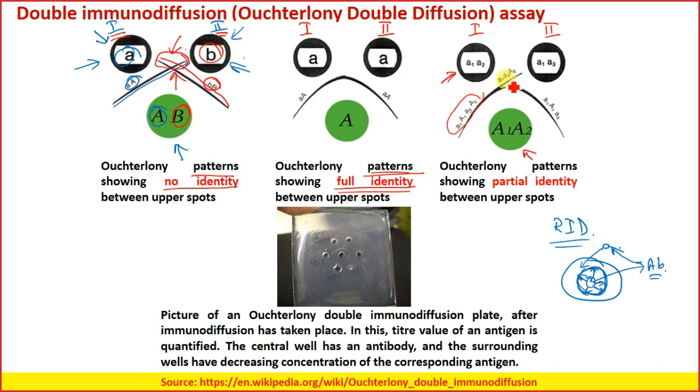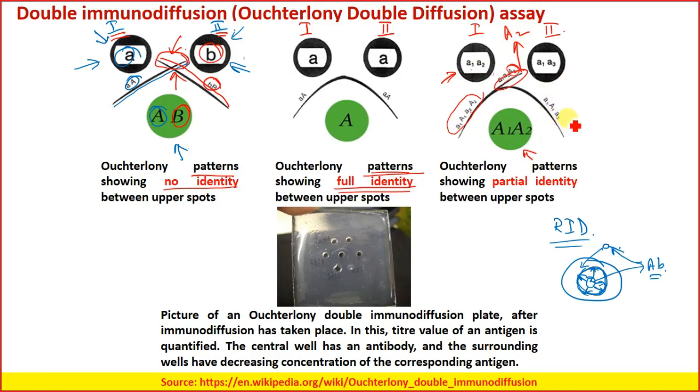However, there will be an extension of this line which is not present in the second one. This extension is because of the interaction of the antigen mixture with the antibody A2.